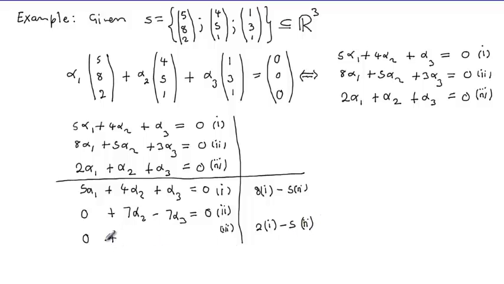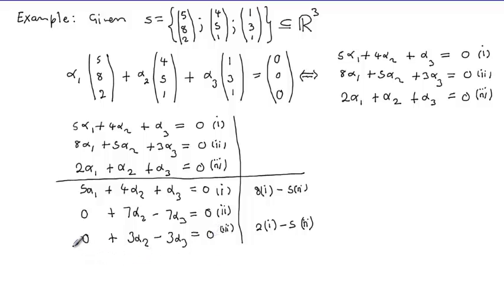So here we'll go to 0 for this combination. Then here we're going to get 8 minus 5, which will be 3 alpha 2, and at this point we're going to have 2 minus 5, which will give us minus 3 alpha 3 equals 0.